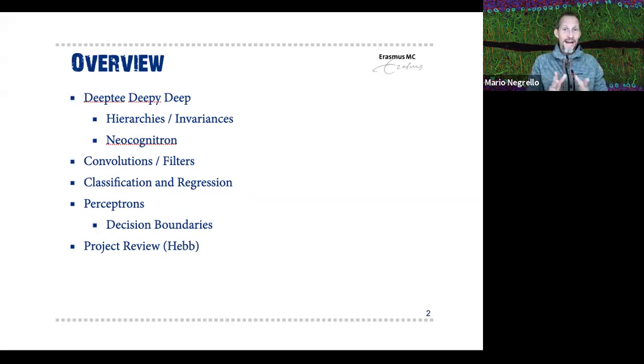I couldn't manage to do this lecture without bringing to your awareness the neocognitron. The neocognitron was the first deep learning architecture, by I think Kunihiko Fukushima is his name, at the end of the 70s, because it is prescient.